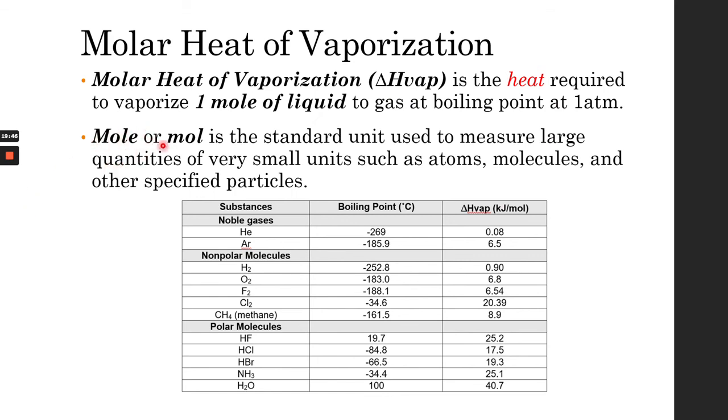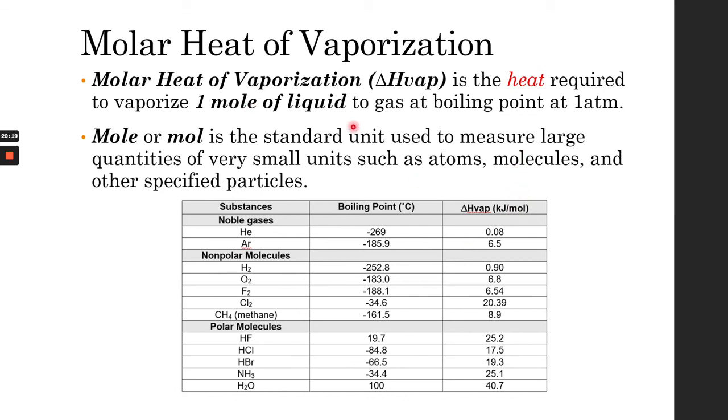A mole is a standard unit to measure large quantities of very small units like atoms. So when we talk about a mole, we're talking about how many atoms there are in a particular substance. The molar heat of vaporization is how much energy it takes to vaporize 1 mole of liquid.